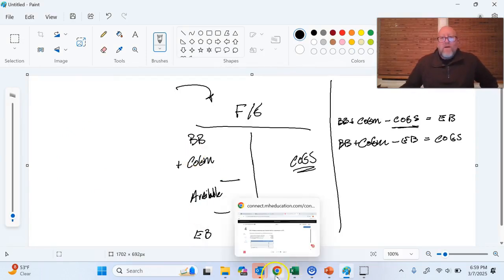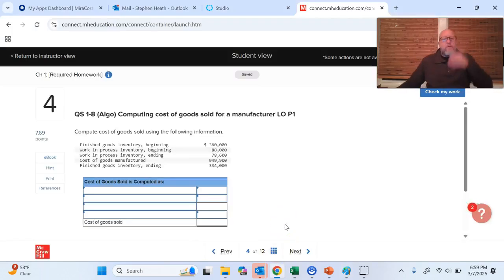So I think a helpful way to approach the questions is to try to understand where I am finding this element within those three T accounts: raw material, work in process, or finished goods. And then once you identify the right account, you can reconcile that account.